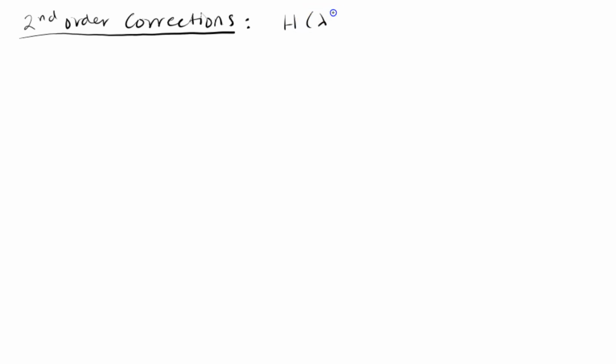Again, our corrected state satisfies the following Schrodinger equation: H lambda n lambda is equal to E n lambda times n lambda. Okay, so now let's expand this out.